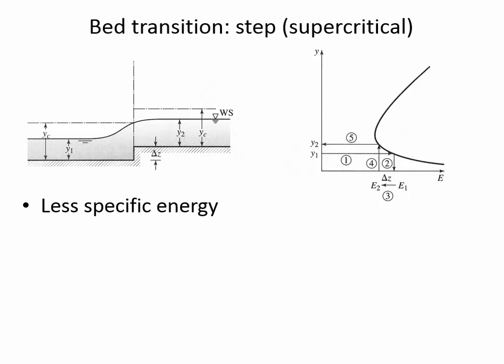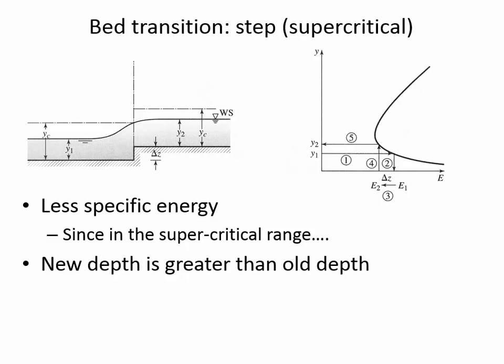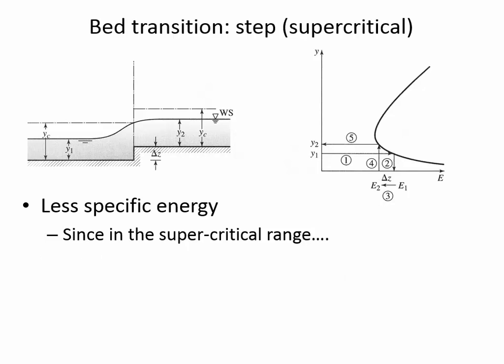Other questions? There is a limit to the delta Z that the flow can handle. So if you've got a really big delta Z, then you don't have enough energy to get over the obstacle.